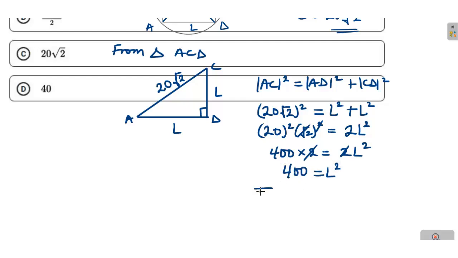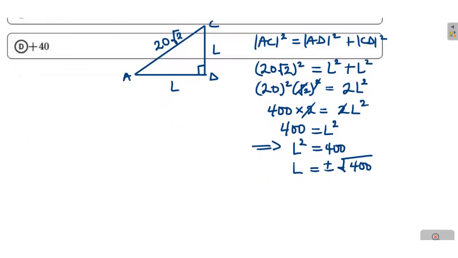So L square is equal to 400, and L will be plus or minus the square root of 400. The reason I introduced plus or minus is that at this point this is a quadratic equation, and when the power of an equation is even, there are two possible solutions.